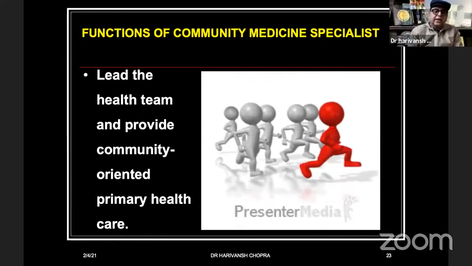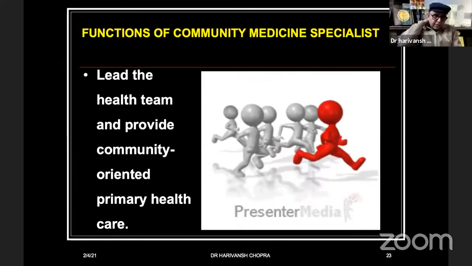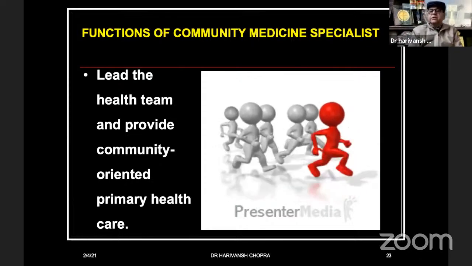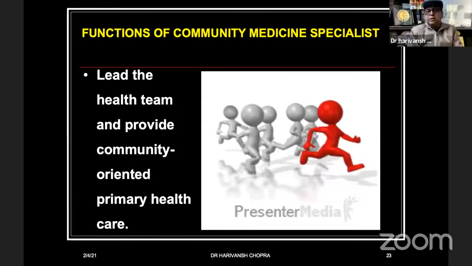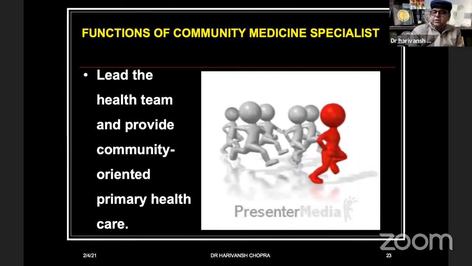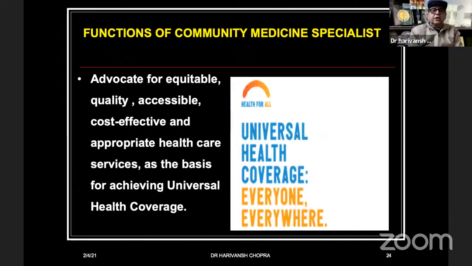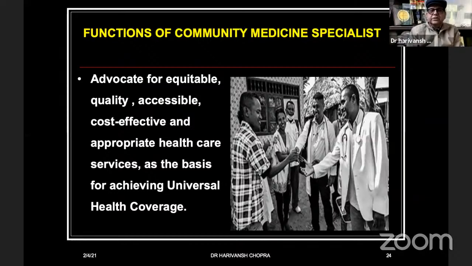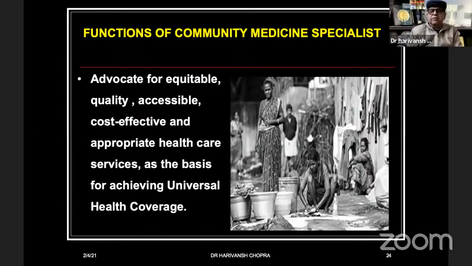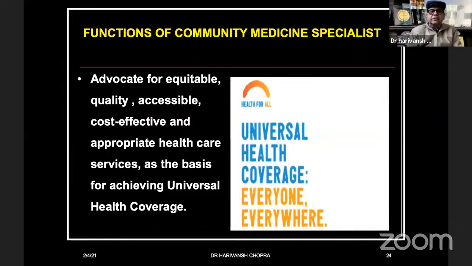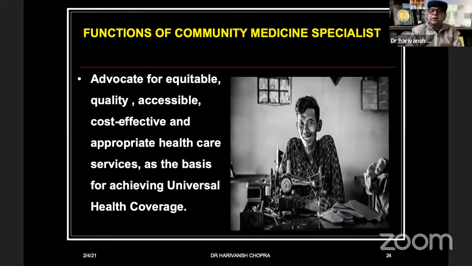Then lead the health team and provide community oriented primary health care. Of course, we have already discussed in the functions of a doctor that the doctor is a leader, so he has to lead the health team and provide community oriented primary health care. Then advocate for equitable, quality, accessible, cost effective, and appropriate healthcare services as the basis for achieving universal health coverage.